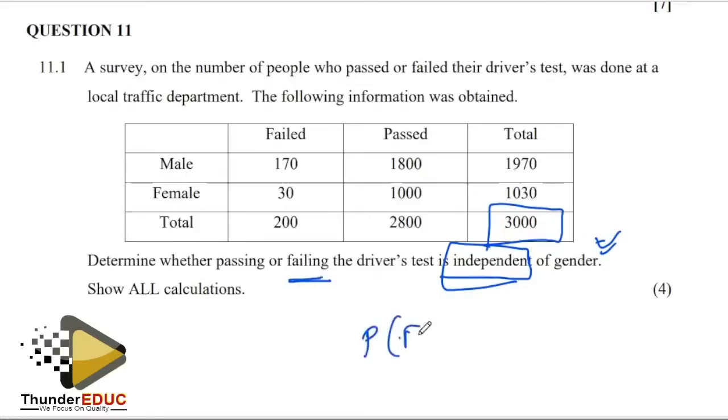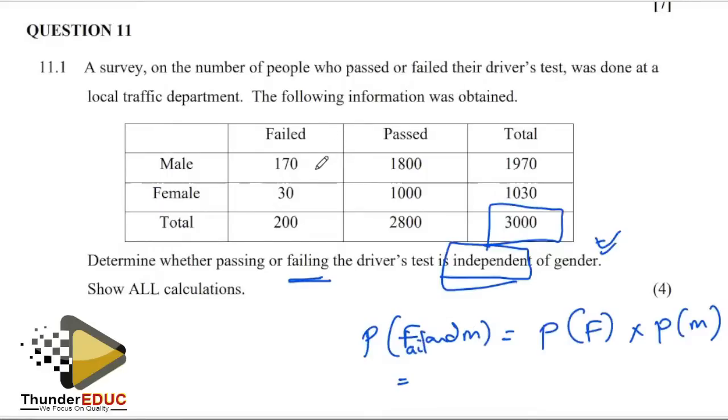So the probability of failing and maybe you're male will be the probability of failing times the probability of being male. I'll just call it fail and male. So you failed and you're male, it's 170 over 3,000. Then the probability of failing is 200 over 3,000, times the probability of being male, which is 1970 over 3,000.